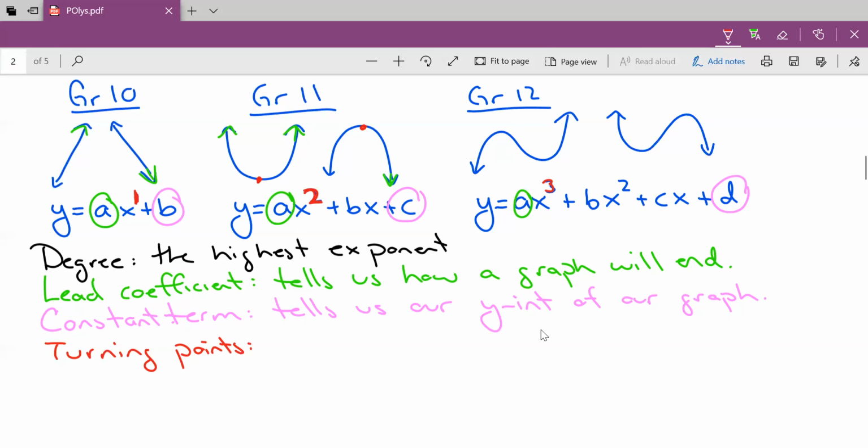Degree 2, 1 turning point. Degree 3, 2 turning points. I don't have it drawn down, but if I was to say to you, I'm looking at degree 4, guess how many turning points you might see? 3. So the number of turning points is 1 less than the degree.